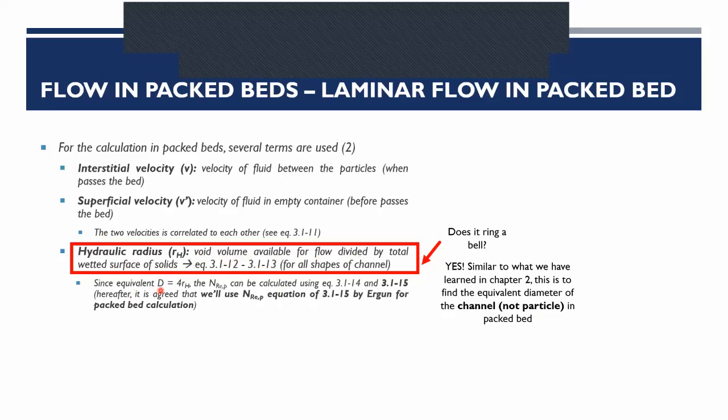Since the equivalent D, or the channel diameter, is 4 times RH, the Reynolds number for packed bed can be calculated using equations 3.114 and 3.115. However, it is agreed that for finding the Reynolds number in packed bed, we will use 3.115 by Ergun. So I will go to John Copley's.